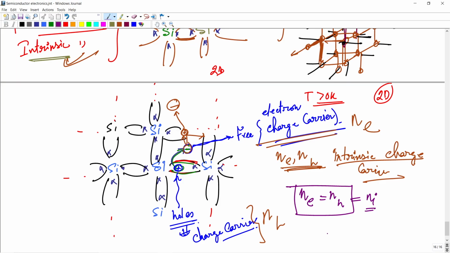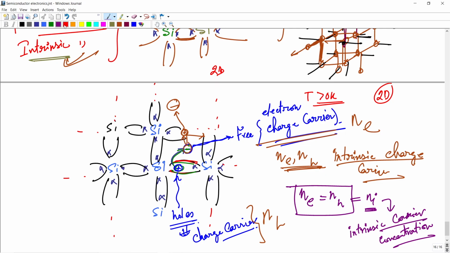Okay, and this Ni is called the intrinsic carrier concentration. This is Ni. These are all the same.